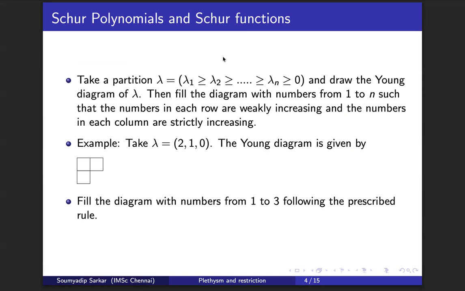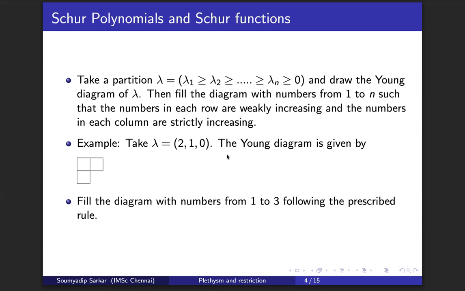For example, here I have drawn the Young diagram for the partition 2, 1, 0. When you have lambda1, lambda2 up to lambdan, you have lambda1 many boxes in the first row, lambda2 many in the second row, and you arrange them in a left-justified manner. That's the Young diagram of 2, 1, 0.